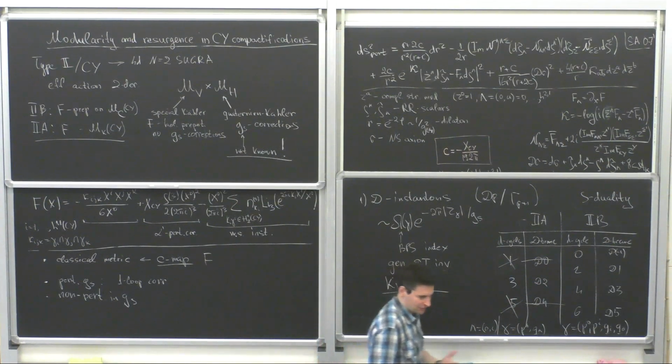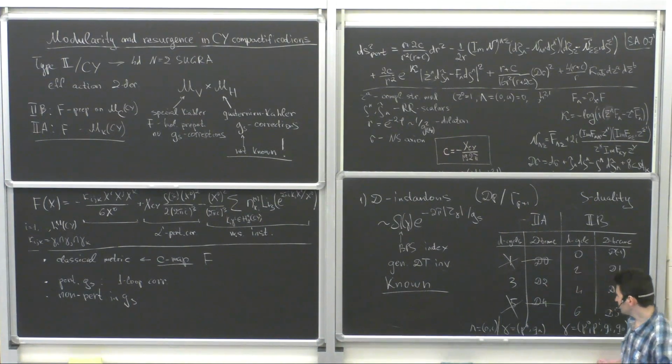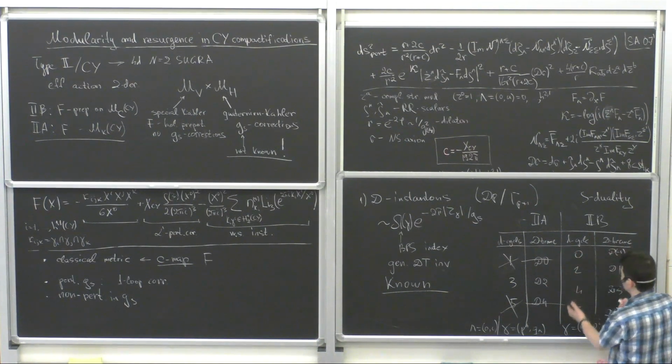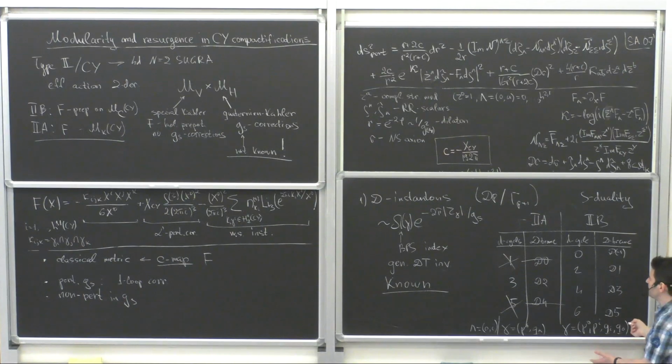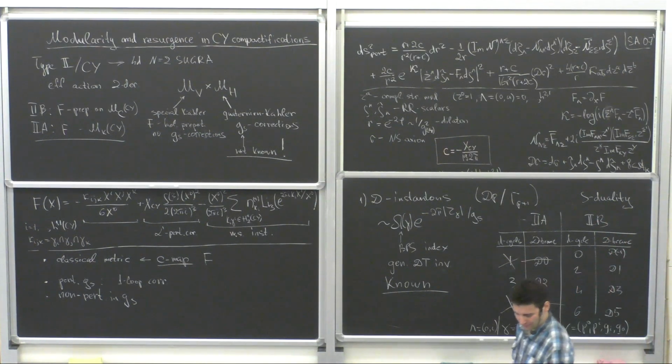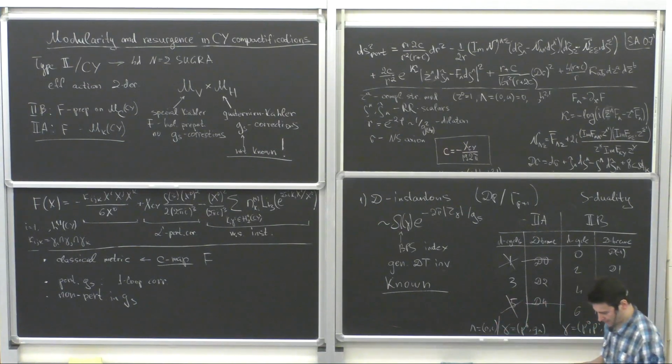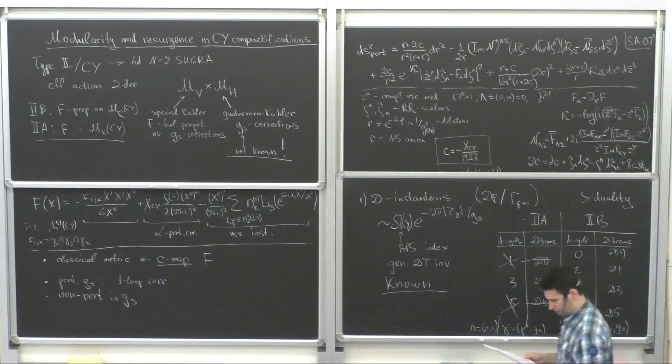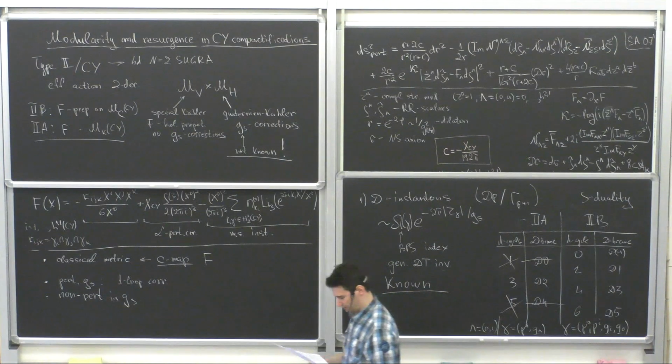Sometimes it's possible, but generically it's complicated. So one can say that, in principle, we know the metric on type 2b, but in the natural type 2b coordinates, well, not completely.